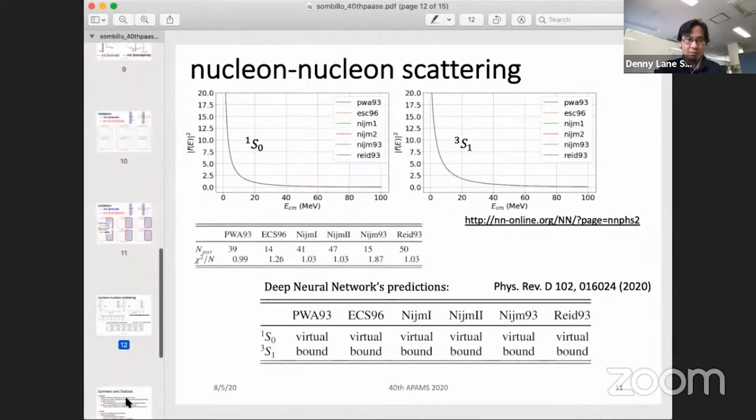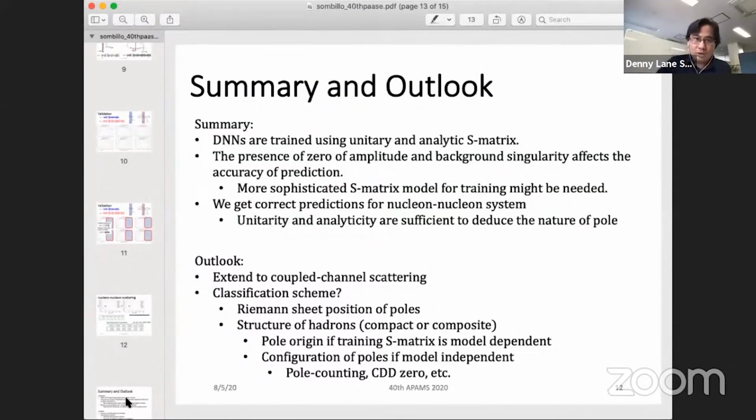Let me just summarize. The deep neural networks are trained using unitarity and analytic S matrix. The presence of zero of amplitude and background singularity affects the prediction of our neural network. This is because of the absence of other features that might be relevant for the scattering cross-section.